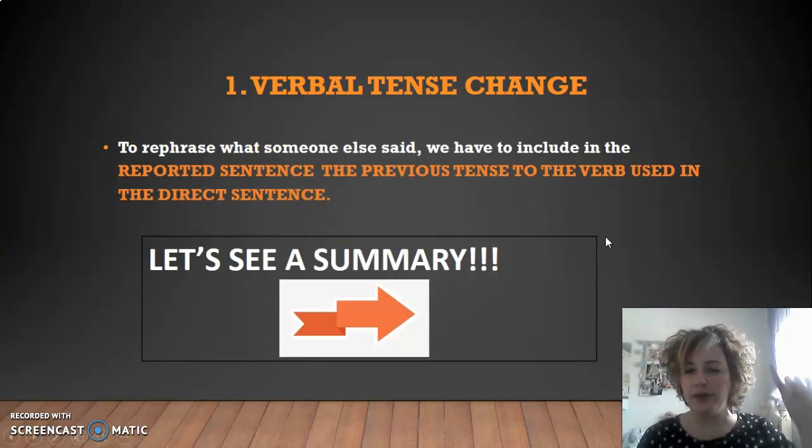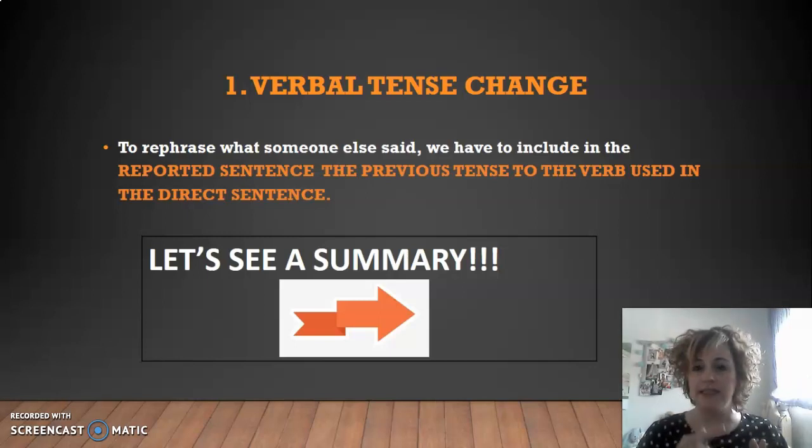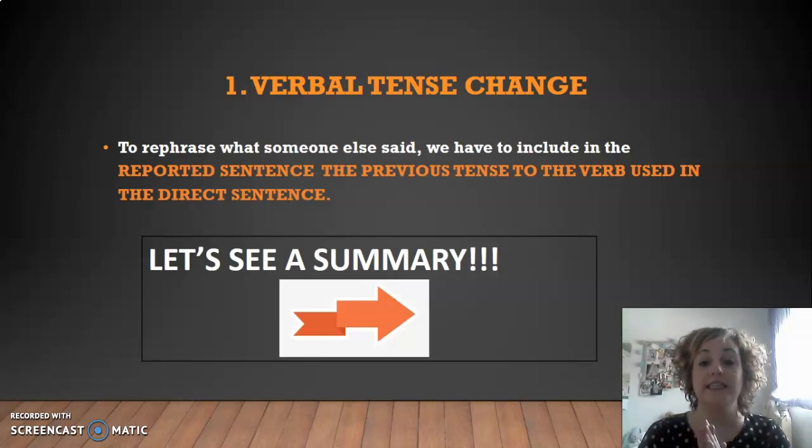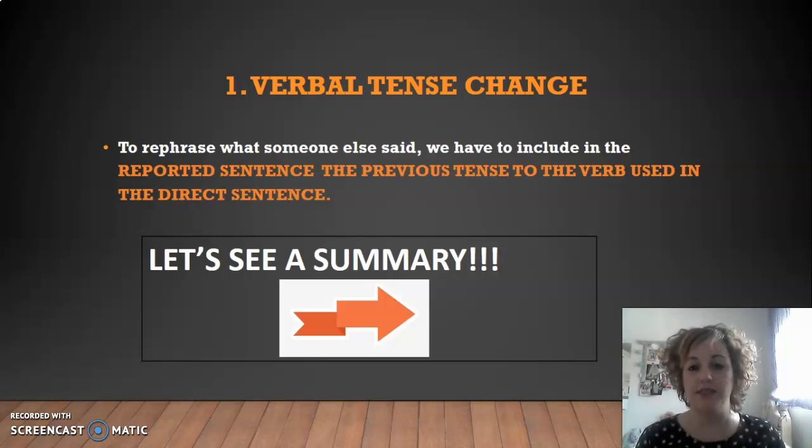If you can remember the example that we used at the beginning of the video, Peter says, "Mom, my bedroom is clean today." And Peter's mom says to his dad, "Peter said that his bedroom was clean that day." So is, which is present simple, was changed into past simple, which is the previous tense to present simple.